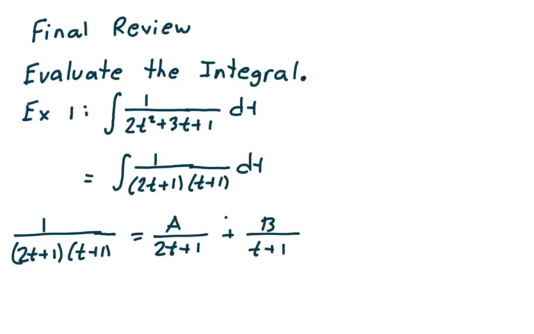So 1 equals, I'm going to go A times t plus 1 plus B times 2t plus 1.